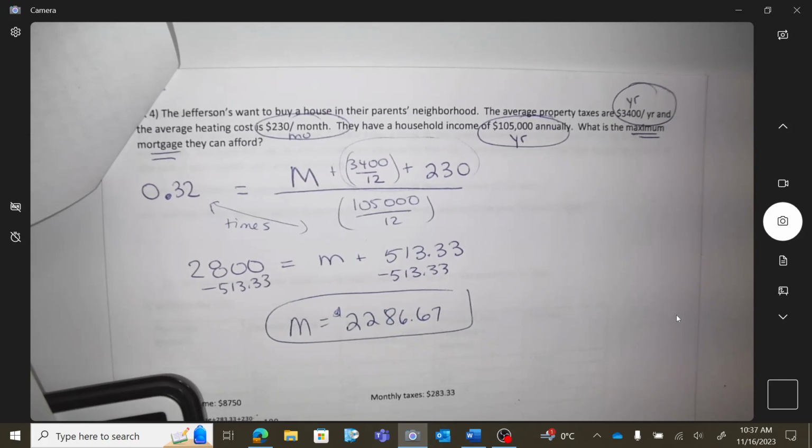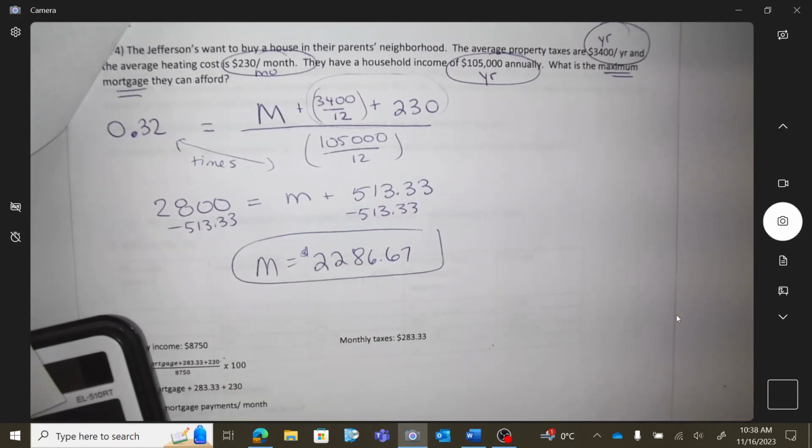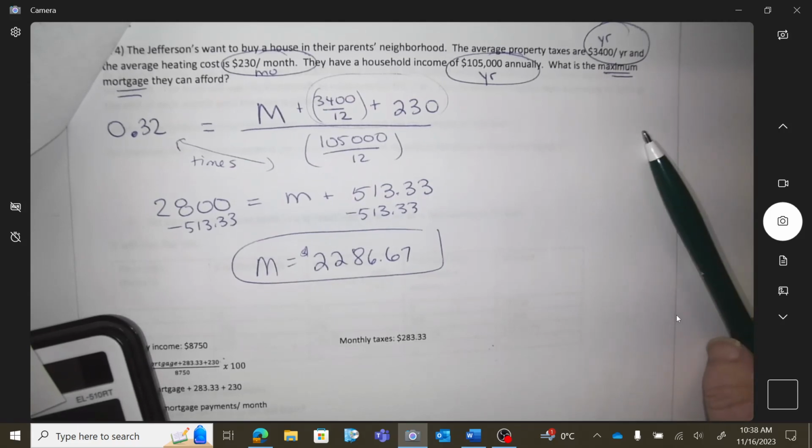So now the banker will say, if you can afford this much a month, let's go see what kind of house you can go shopping for. Okay? Does that make sense? Now the realtor can say, okay, now I can show you houses in the $400,000 price point or whatever. Okay, so that's what they're doing with those numbers.